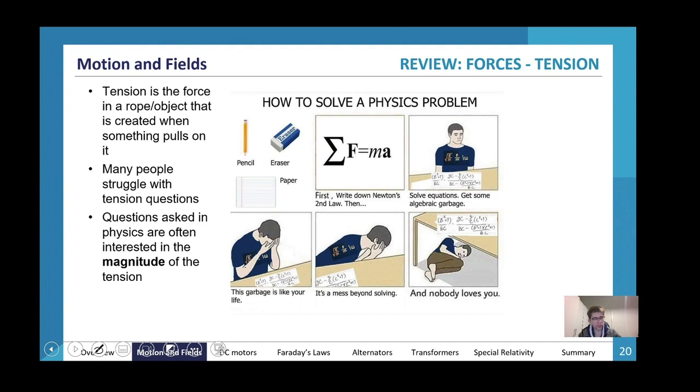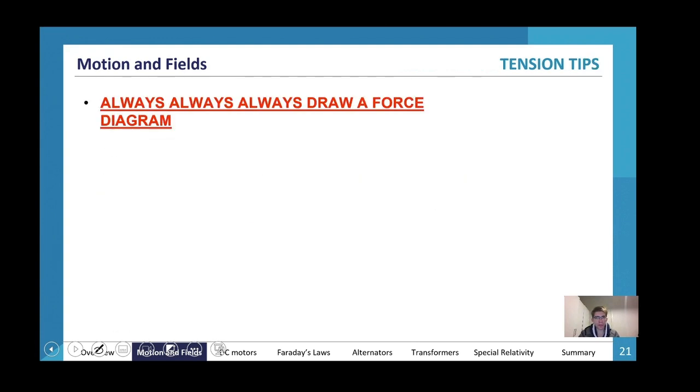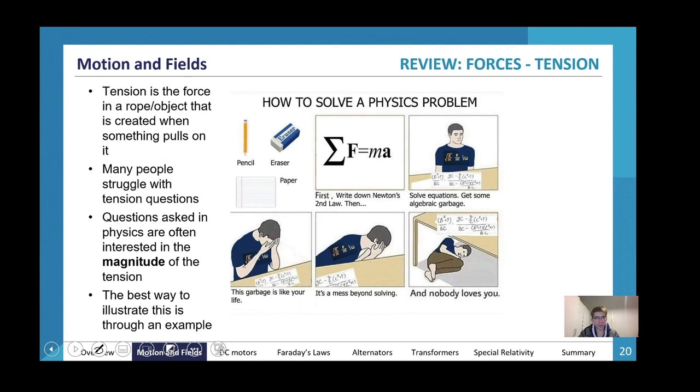That's the problem with tension. It is its own action-reaction force. Tension is the force in a rope or an object that is created when something pulls on it. Many people struggle with this question, as I said, because they are interested in the magnitude of tension, and students have a lot of difficulty finding the magnitude of tension.